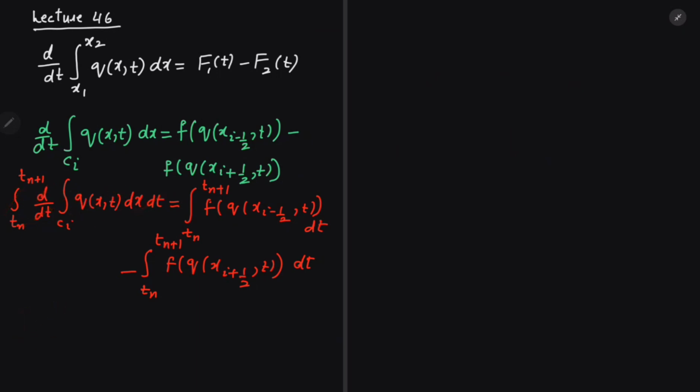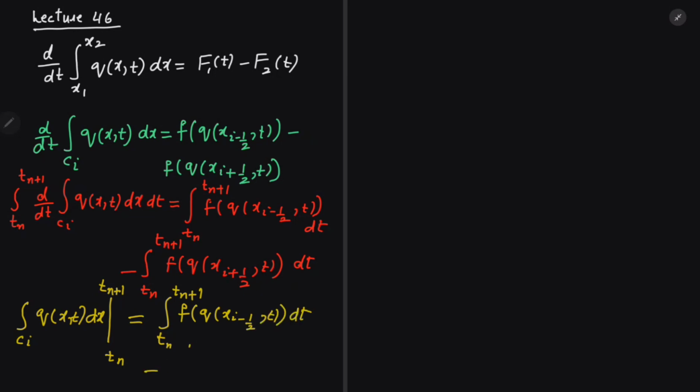Let me just write it neatly. We get the integral over cell i of q(x,t) dx evaluated at tn to tn+1, since we integrated this, so we have to put the value of the lower and upper limit, is equal to the integral from tn to tn+1 of the flux q at x_{i-1/2}, t dt minus the integral from tn to tn+1 of the flux q at x_{i+1/2}, t dt.